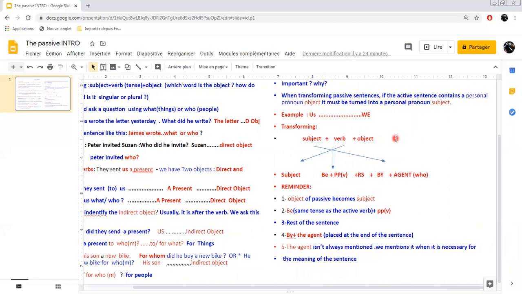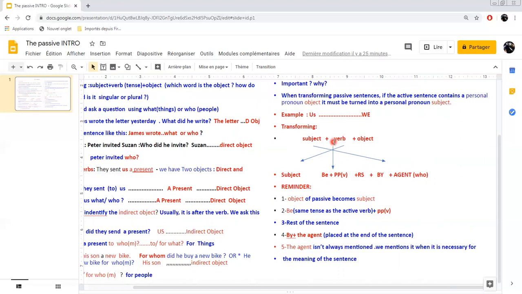Now, when you transform the sentences, you always use this. So this is the passive here, my new sentence. So the object here becomes the subject. See? And the subject of the active becomes the agent of the passive and is placed at the end of the sentence. And it is preceded by.